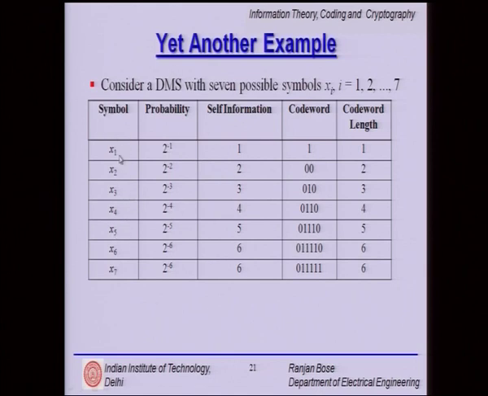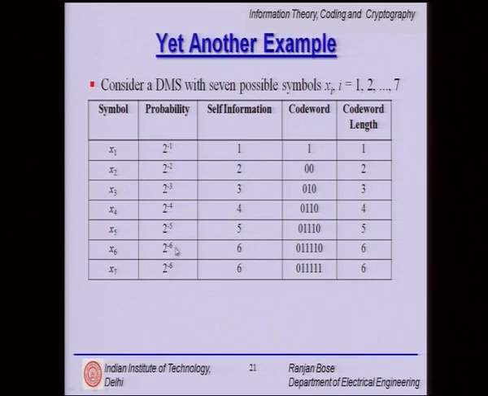So, x1 has probability 1/2, x2 1/4, x3 1/8, appears to be a pattern: 2 raised to the power minus 1, 2 raised to the power minus 2, 2 raised to the power minus 3, up to 2 raised to the power minus 6, but for the last one, I need all the probabilities to add up to 1. So, it is again 2 raised to the minus 6.